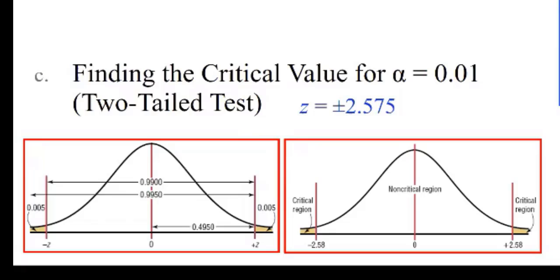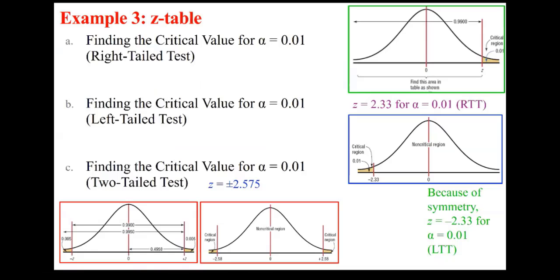2.575. Now, I want to discuss this concept of a confidence interval here. And then the next page, you can look up the table and we discuss the table. But if you are dealing with the first two cases, alpha is 0.01. These two cases correspond to a confidence level of 98%, not 99%. Why not? Because the confidence interval is smacked in between. So it is the middle that is 98%.